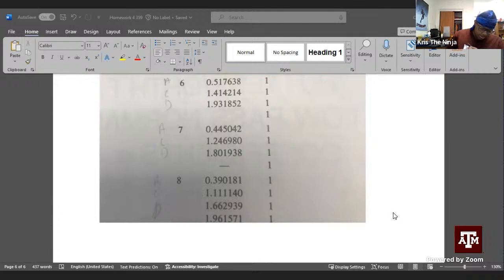So omega C squared over s squared plus 1.962 omega C s plus omega C squared. So all that's the whole transfer function.